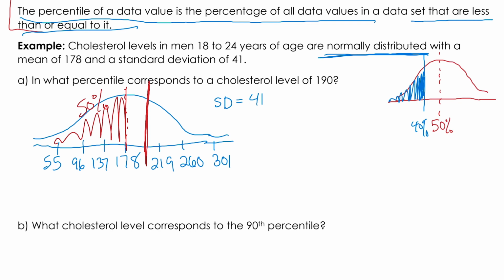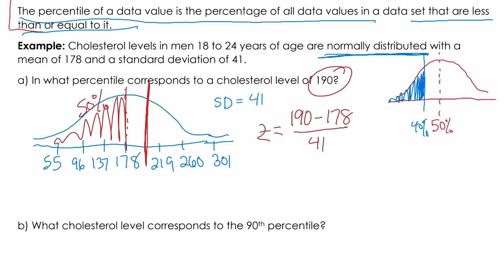What I need to do in order to find something that isn't in our standard deviation of 1, 2, or 3 that we can use that empirical rule, we have to use standard score because it's not an exact standard deviation of 1, 2, or 3. So remember, to find our value of z, we take our raw score, which is 190, subtract our mean, and divide by our standard deviation.